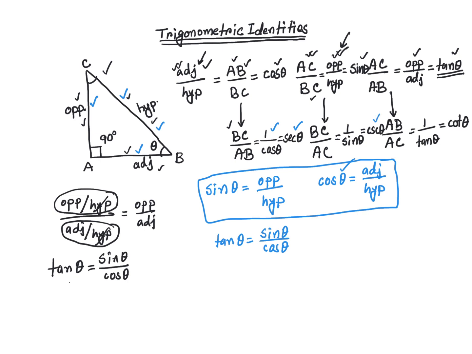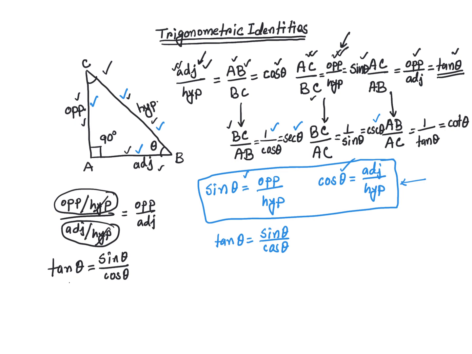If you want to find cosecant of theta, you just do 1 over sine of theta. So if you just remember these two things, you are good to go. You will be able to find all the other trig identities. These are the definitions, the fundamentals of trig, the starting point.